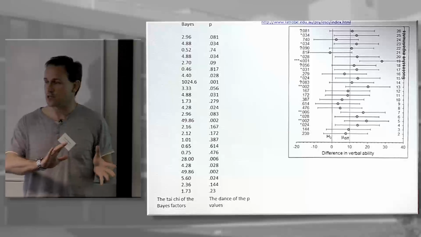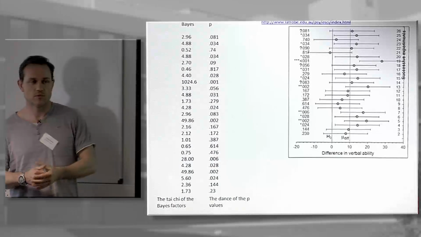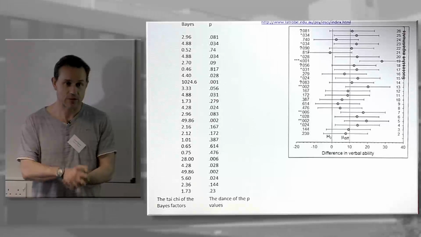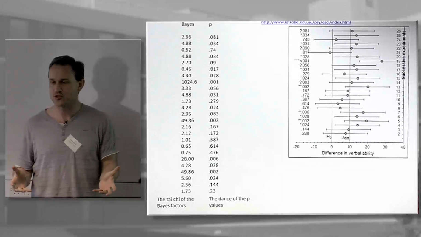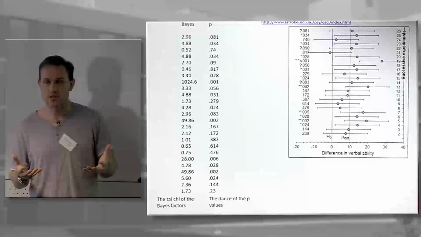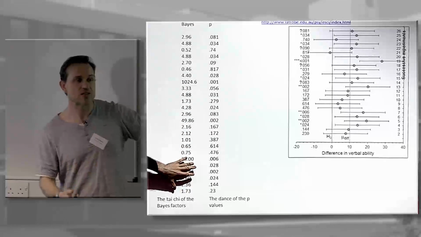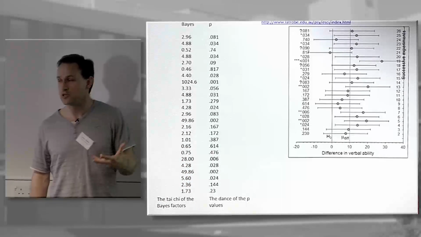That's not to say Bayes factors will always give you the right conclusion. They won't, because statistics must always mislead sometimes. Otherwise, there's no point doing statistics. You collect one observation and you just go with that. So Bayes factors will sometimes mislead. But what I want you to get from this is the sense in which they mislead less often than how people normally use p-values.